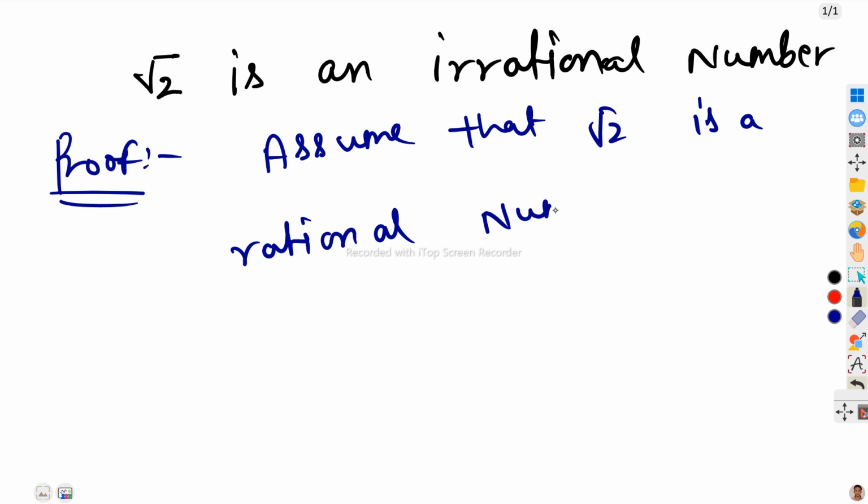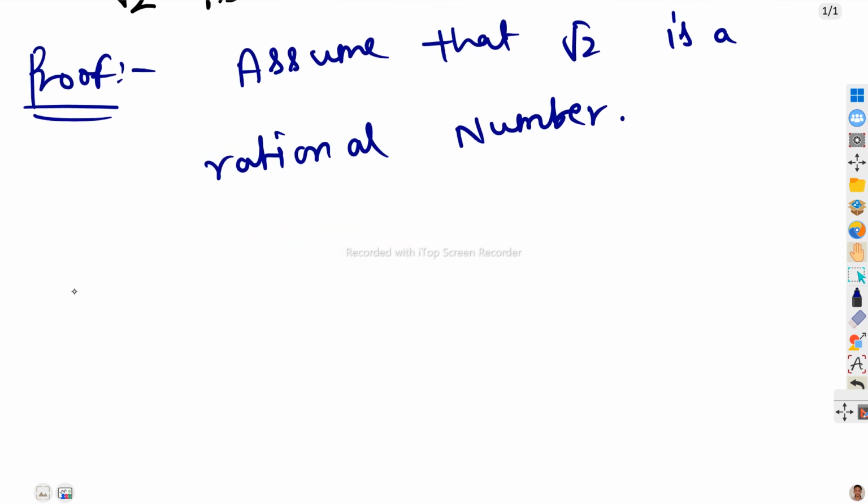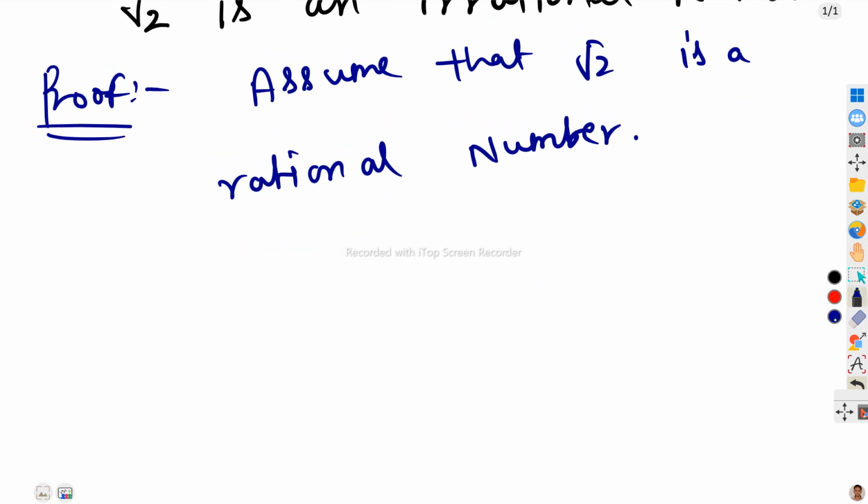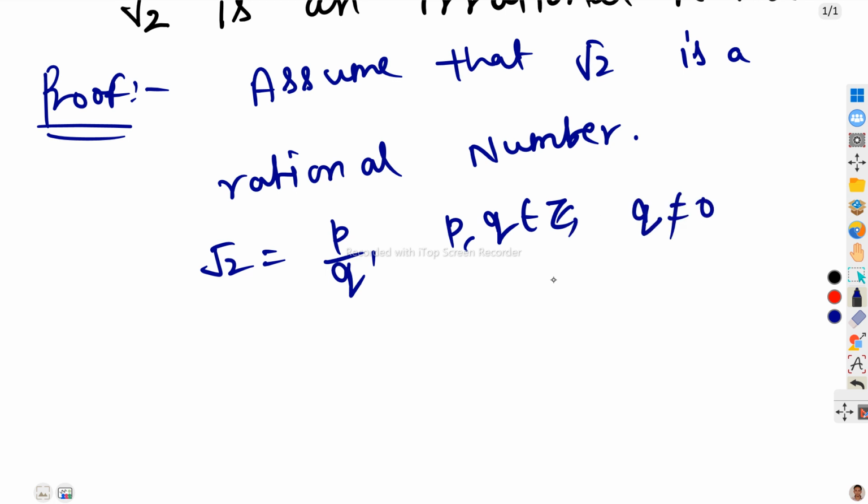Since it is a rational number, we can write it in the form p upon q. So square root 2 equals p upon q, where p and q are integers, q is not equal to 0, and p and q are co-prime.